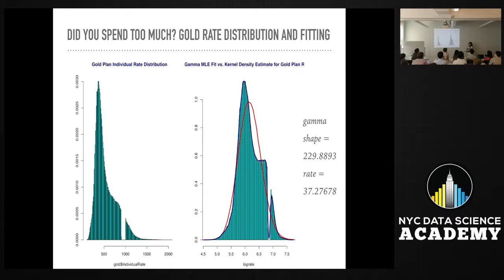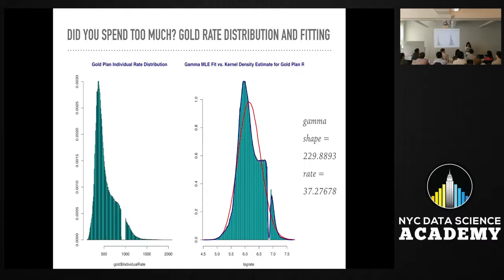So on the left side is a true histogram of all the prices out there. On the right side, I'm using a log transformation on your first individual rate. And you take a log, and I've used the maximum likelihood estimate to fit a gamma distribution on the parameters.